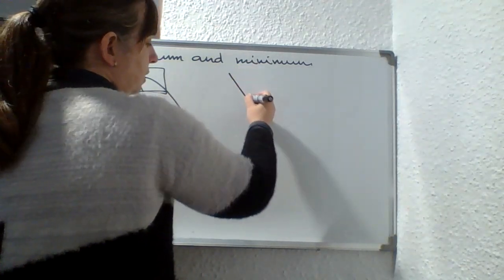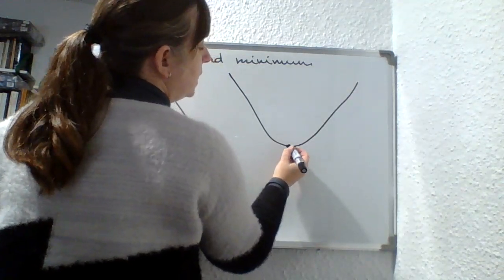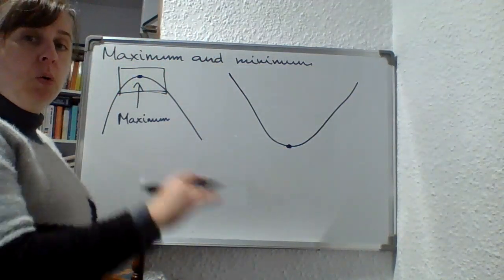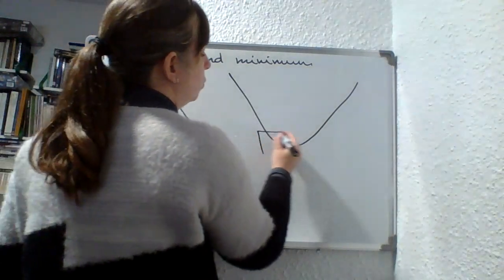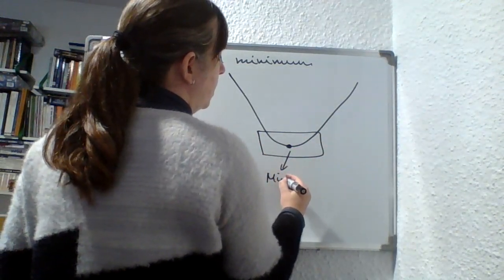When the function decreases and after that increases, there is a point that is below all the points that are close to it, and this point is called minimum.